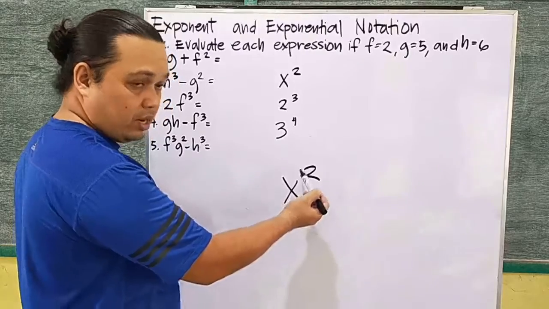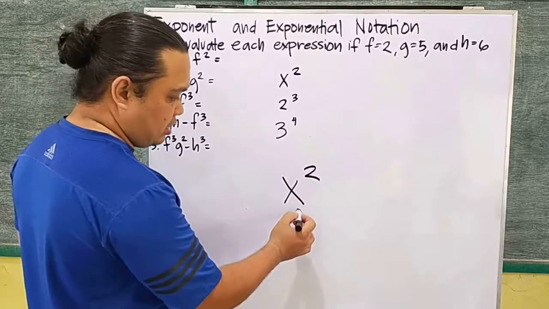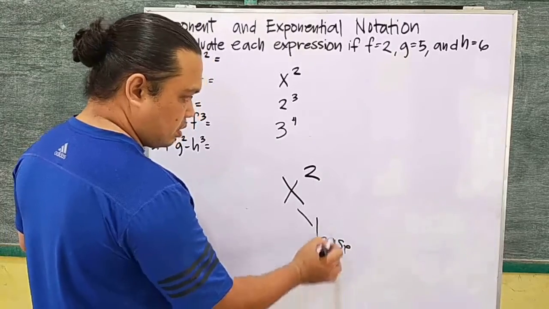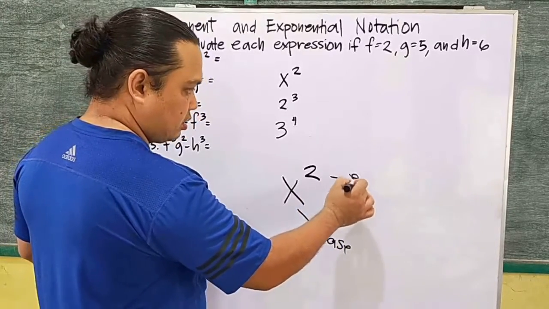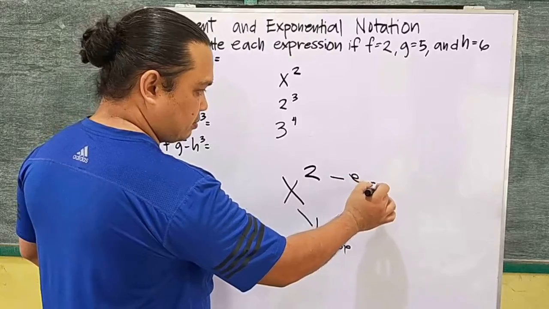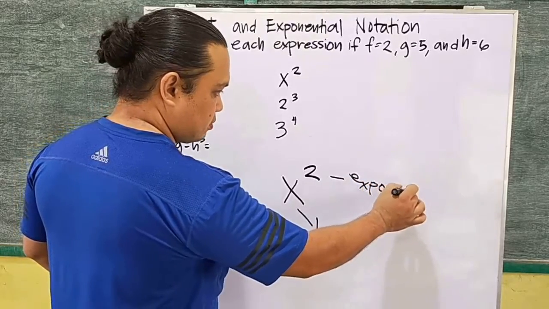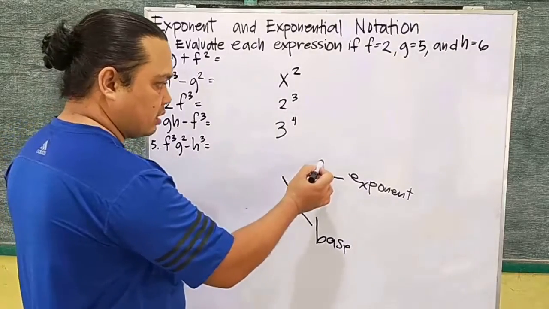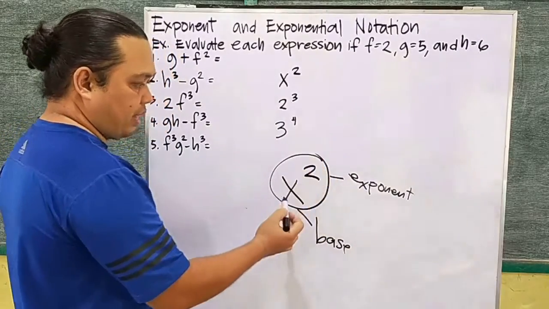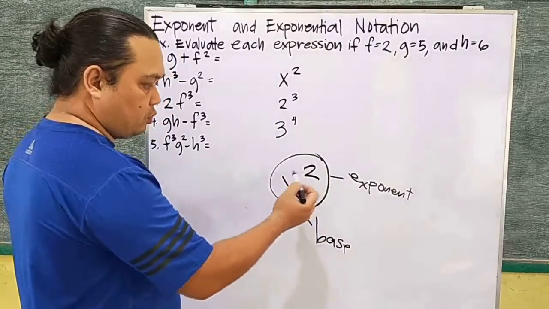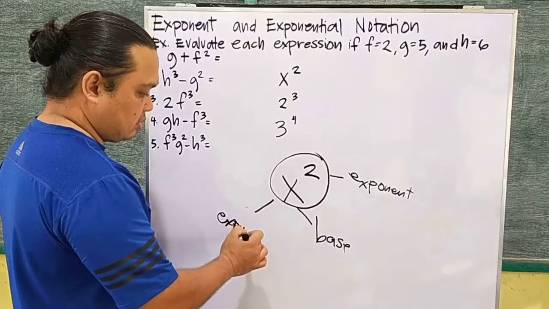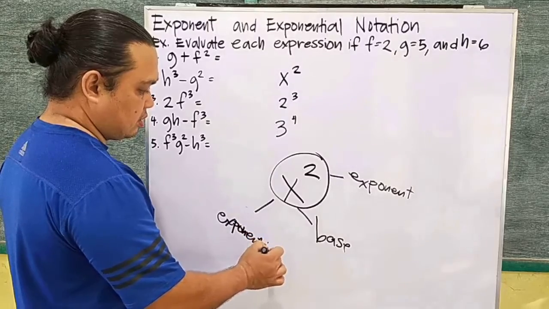Now, x here is the base, while 2 here is the exponent. While x squared, or x raised to the power of 2, is an exponential notation.